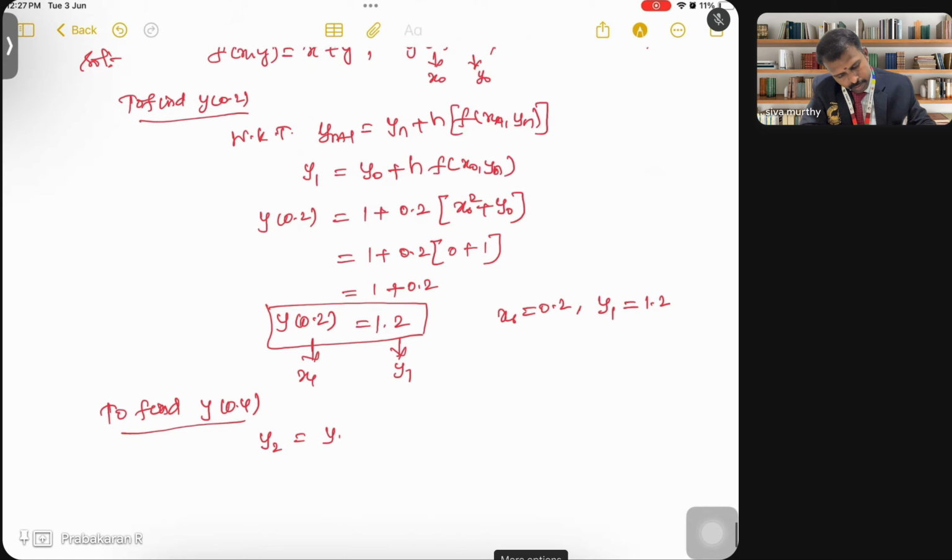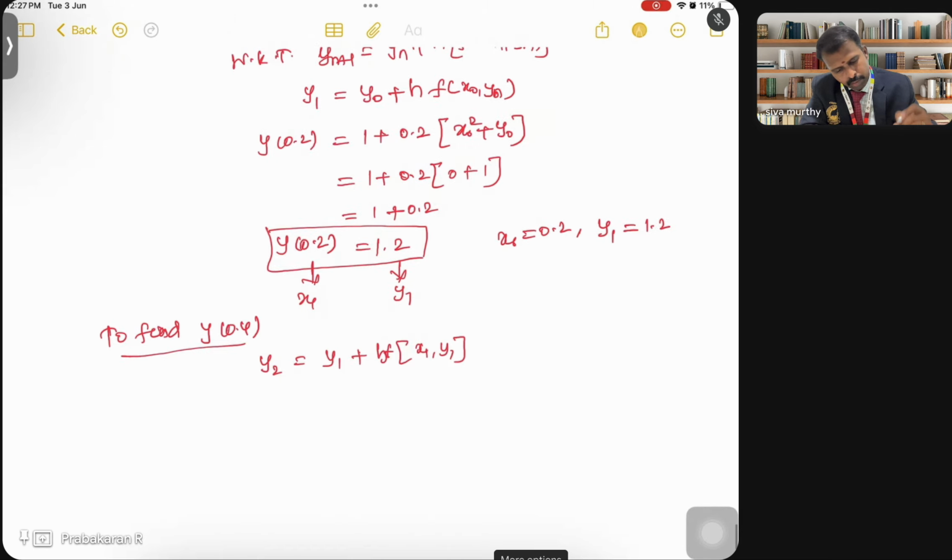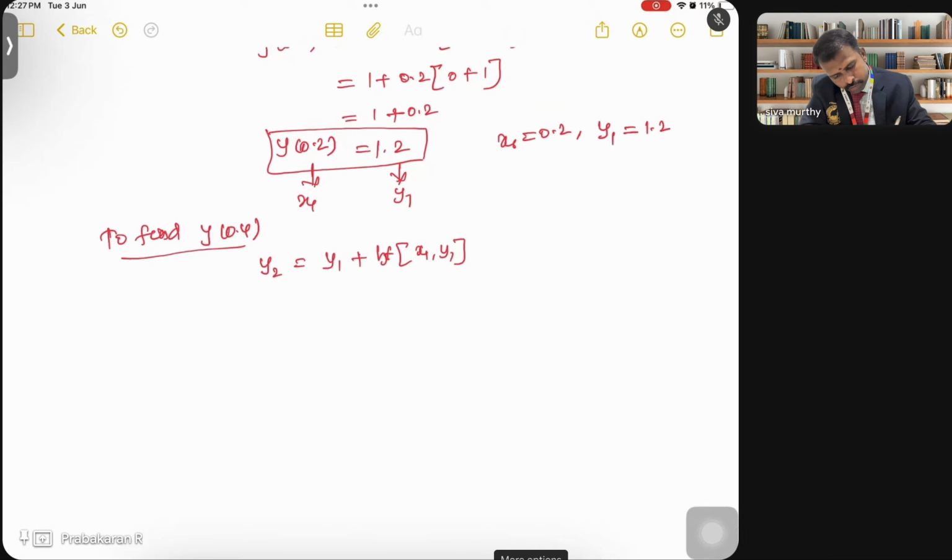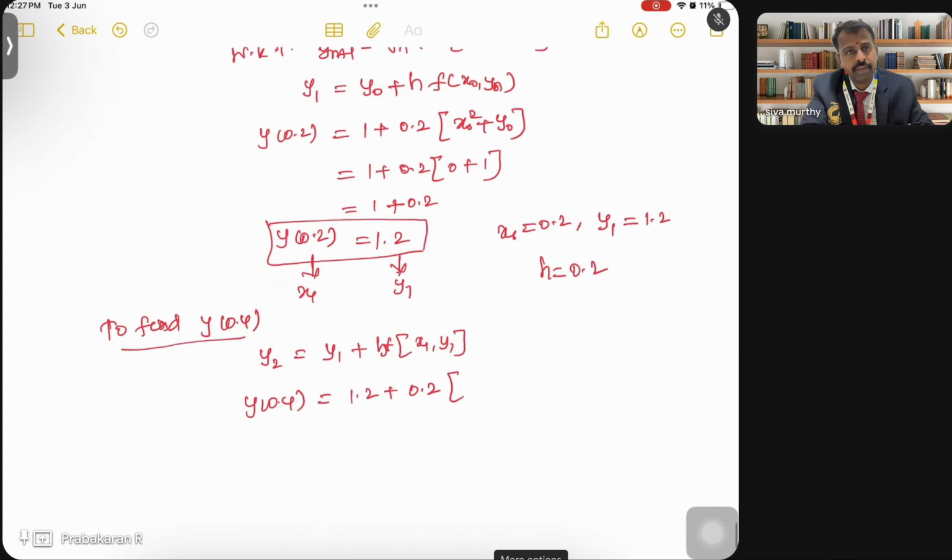That means y2 equal to y1 plus h f of x1 comma y1, right? So therefore y of 0.4, already we get the value of y1. What's the value of y1? 1.2 plus value of h, already we know 0.2, right? So 0.2, then f of x1 and y1. So f of x1 y1, here we will replace x by x1 and y by y1, already we know.